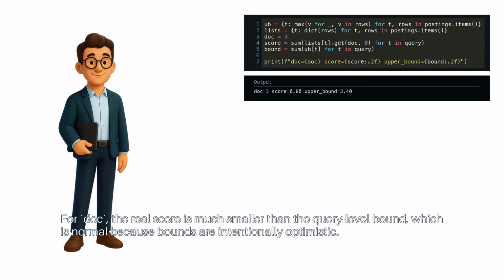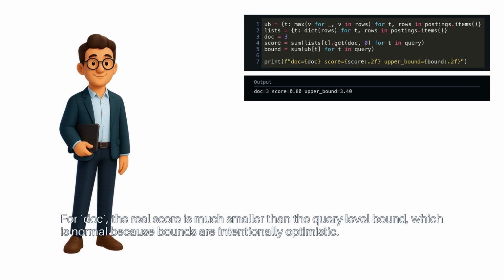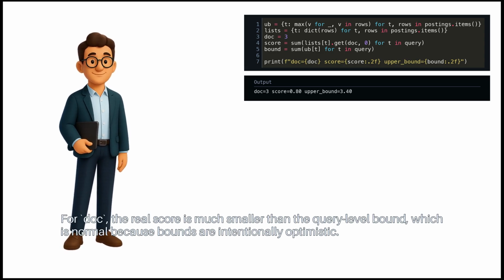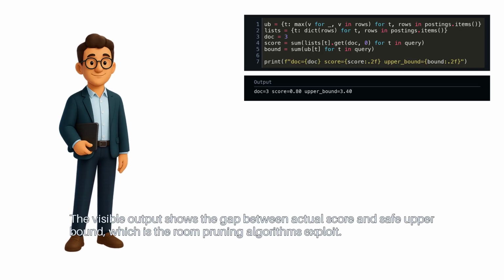For a document, the real score is much smaller than the query-level bound, which is normal because bounds are intentionally optimistic. The visible output shows the gap between actual score and safe upper bound, which is the room pruning algorithms exploit.